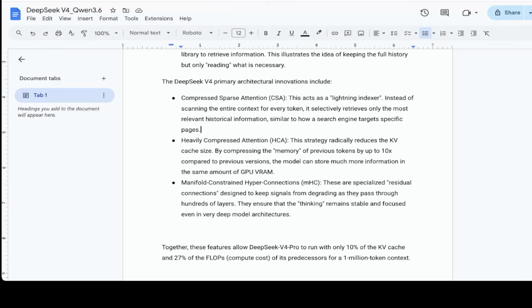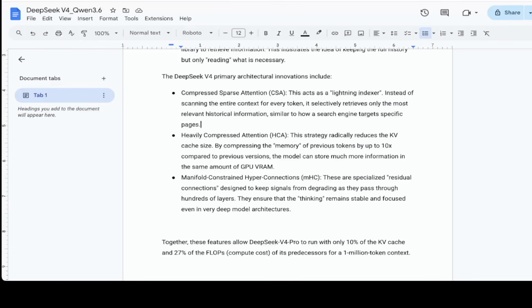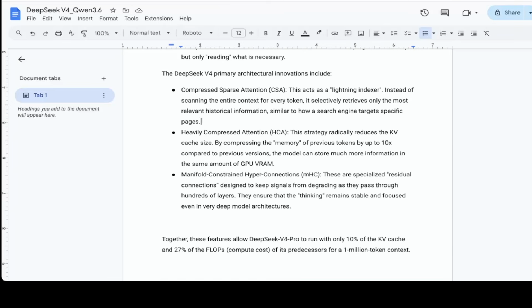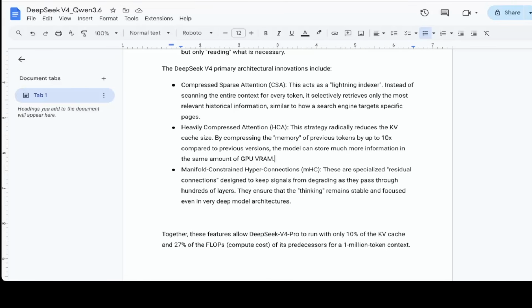For the HCA, this strategy radically reduces the KV cache size. By compressing the memory of previous tokens by up to 10x compared to previous versions, the model can store much more information in the same amount of GPU RAM. Manifold constraint hyper connections are specialized residual connections designed to keep signals from degrading as they pass through hundreds of layers.